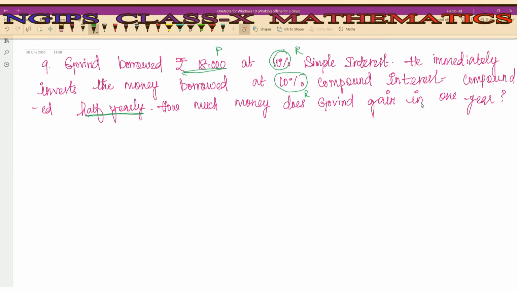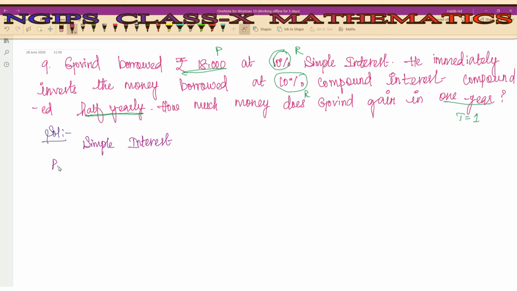How much money does Govind gain in 1 year? So the time period we have here it is 1 year. Now here first we need to find out the simple interest, and we need to find the compound interest. Both we need to compare, we need to analyze, and we need to find out the gaining amount of Govind. So here the solution, first I am going to find the simple interest.